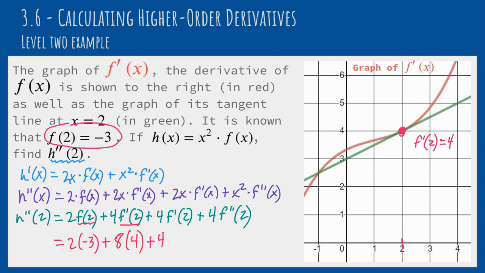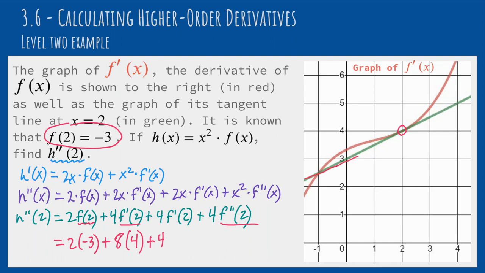So this is the second derivative of f at 2. This is where the tangent line in this picture comes into play. This is the first time we've seen this idea, but since in red we have the graph of f prime, the slope of a tangent line is actually going to be given by f double prime. So the derivative of the derivative is the second derivative.